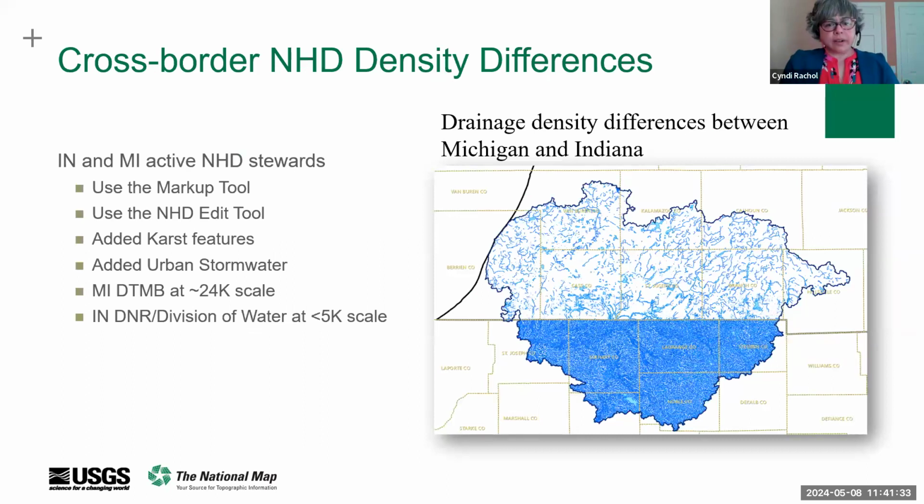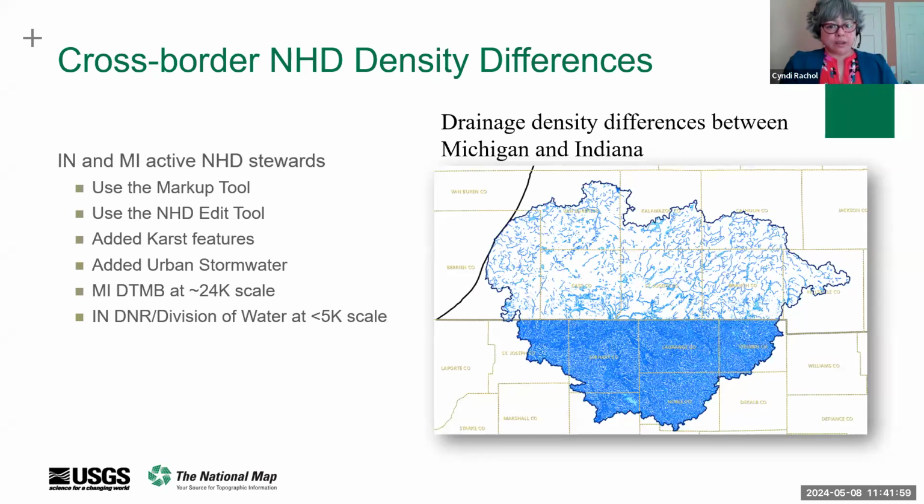So this slide really shows a difference in stewardship activities between Michigan and Indiana. Both have been active in updating the NHD and WBD in their respective states. However, Michigan's NHD corresponded to a 24,000 scale data set, and Indiana's NHD corresponded to a less than 5,000 scale data set.